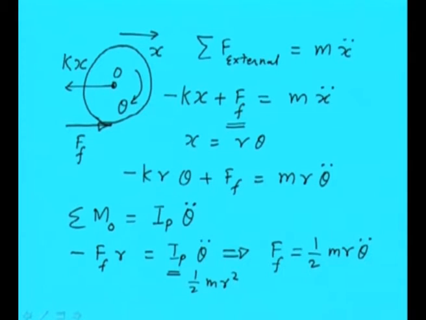So let us write this equation after substituting this friction force. So this will take the form, and this is the friction force, is equal to m r theta double dot.